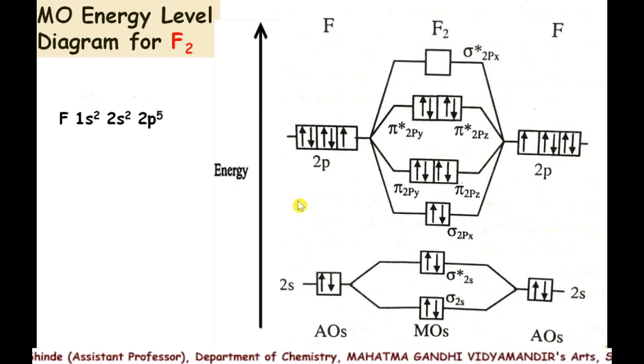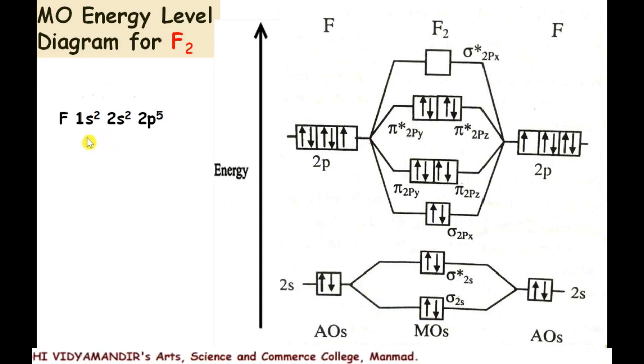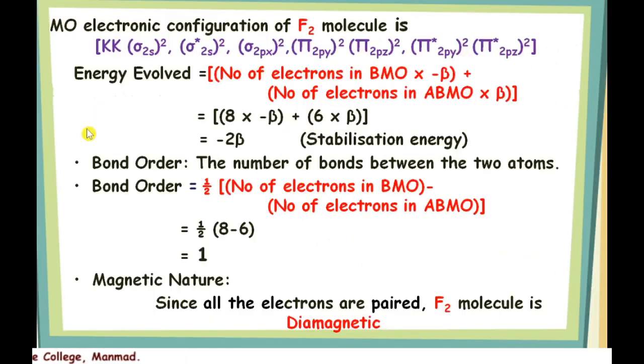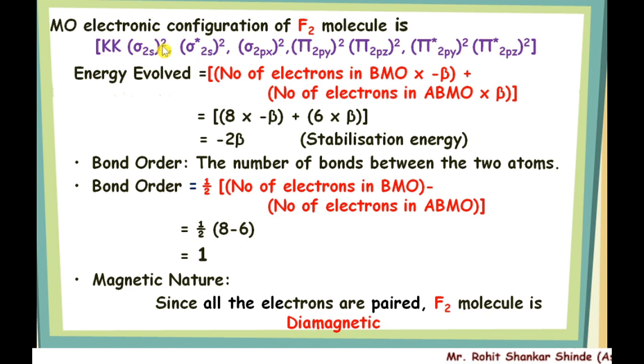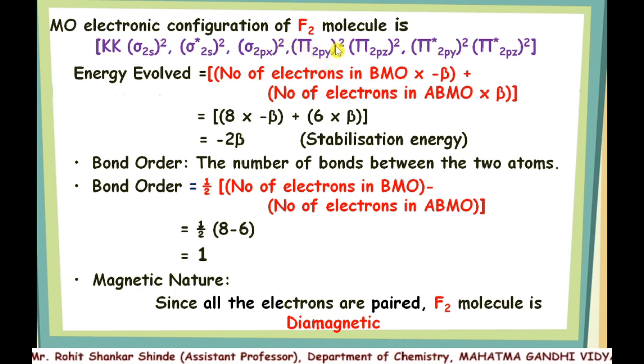We can write its molecular orbital electronic configuration as KK. Double K is written since there are 2 1s orbitals from the 2 fluorine atoms. Next 2 electrons are occupied in sigma 2s, so sigma 2s2, then sigma star 2s2, sigma 2px2, pi 2py2, pi 2pz2, pi star 2py2, and pi star 2pz2.